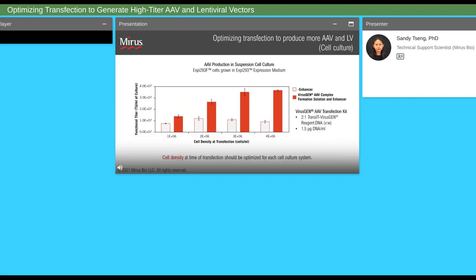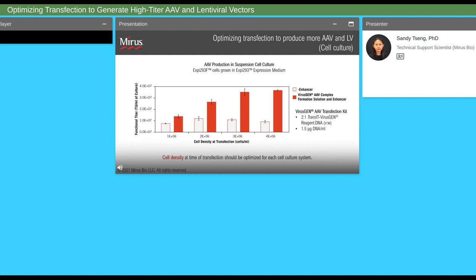Which reagent you use obviously has a very significant impact on vector yields, but so can optimizing the cell culture conditions of your 293 culture. In this experiment, we examined cell density at the time of transfection for XP293 cells used for the production of AAV.